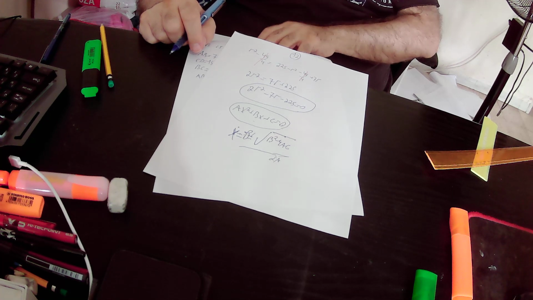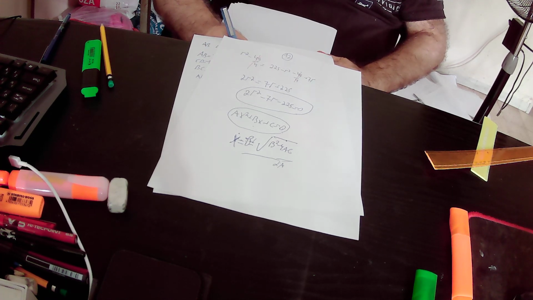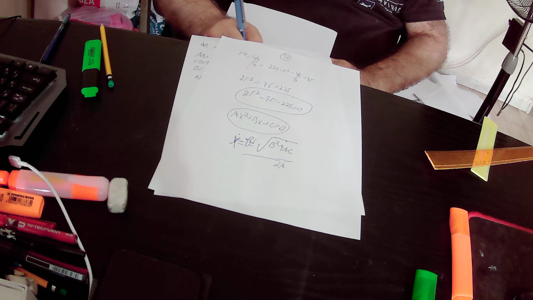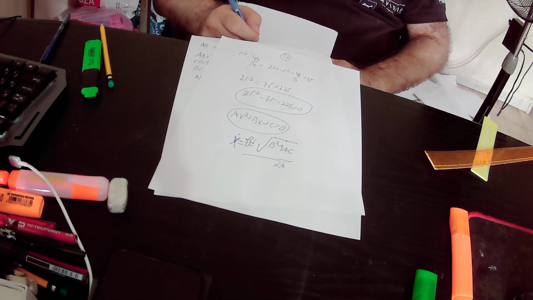So in our case, we have 2r squared minus 7r minus 225 equals 0.